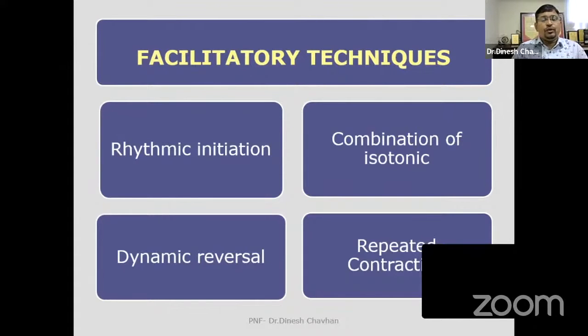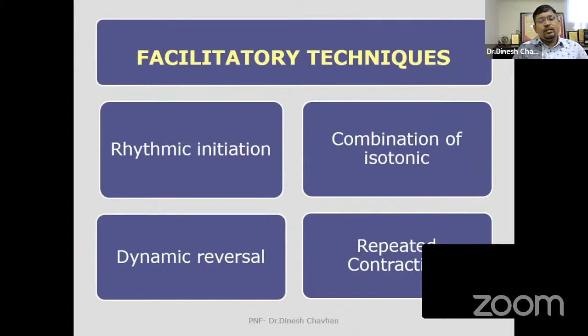When we want to initiate the movement, when there is a loss of power or no control, we have to start with passive movement. Passive movement can be a pattern. Initially we teach the movement to the patient passively. As the patient learns the movement passively and develops a little bit of control, we start with active assisted movement.